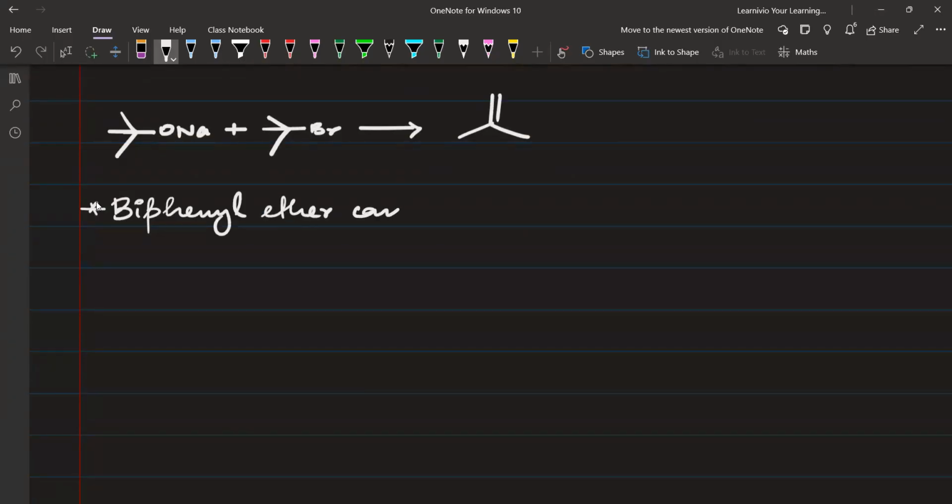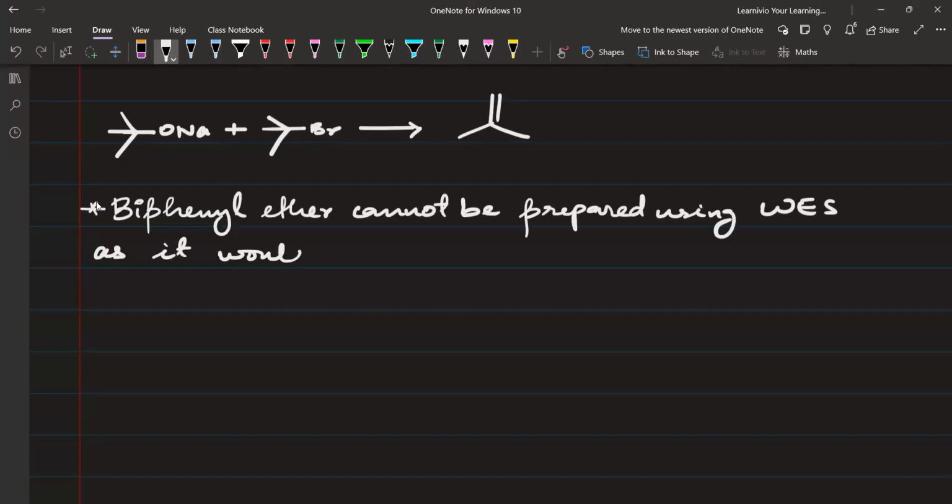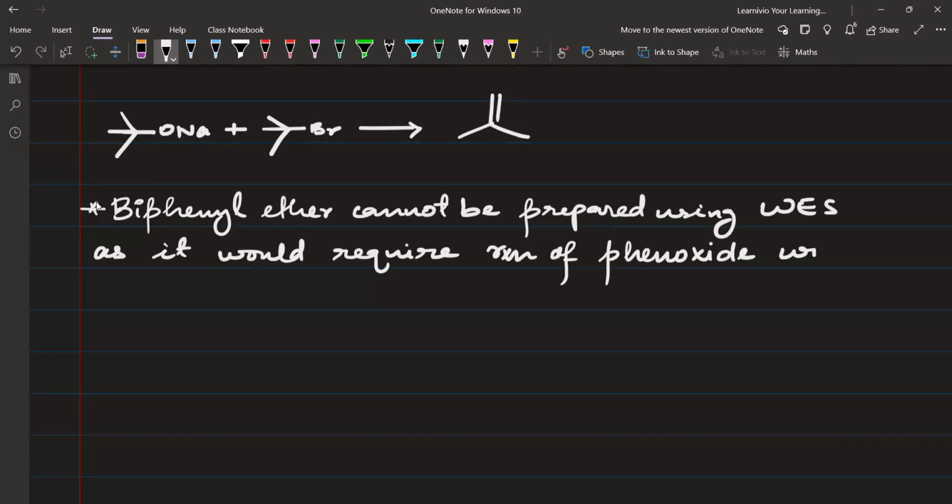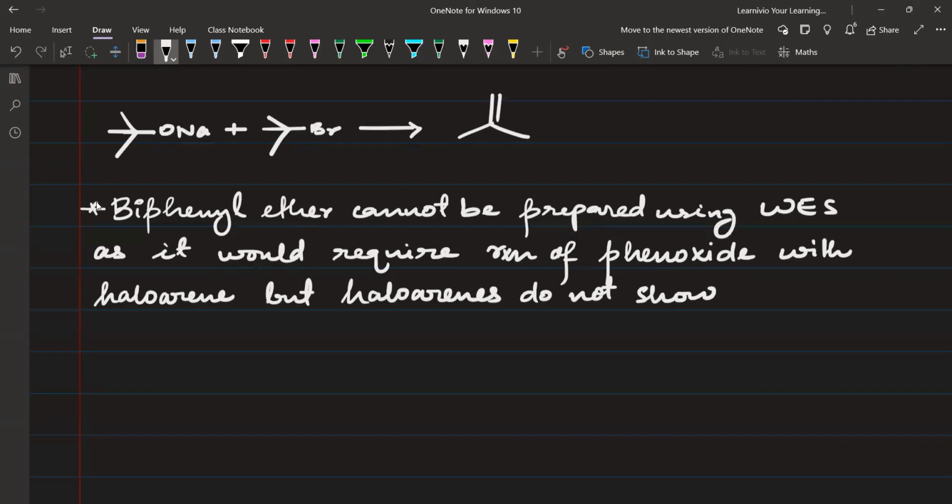Biphenyl ether cannot be prepared using Williamson ether synthesis, as it would require a reaction of phenoxide with haloarene, but haloarenes do not show SN. ठीक है. But what is biphenyl? This is biphenyl.